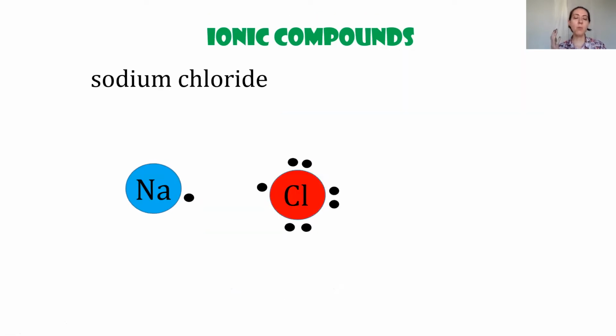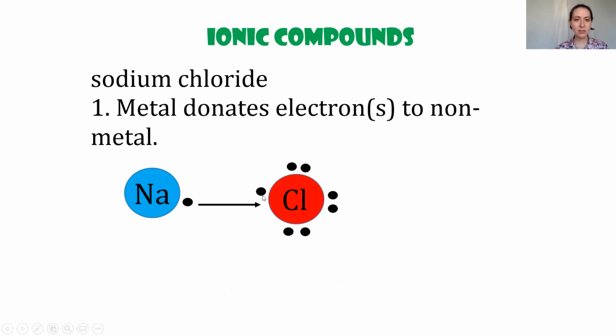When you are making sodium chloride, you have a sodium atom and a chlorine atom. The sodium atom has only 1 valence electron. The chlorine has 7. So the sodium can give away its electron to the chlorine. The metal donates its electron to the non-metal, sodium to chlorine.